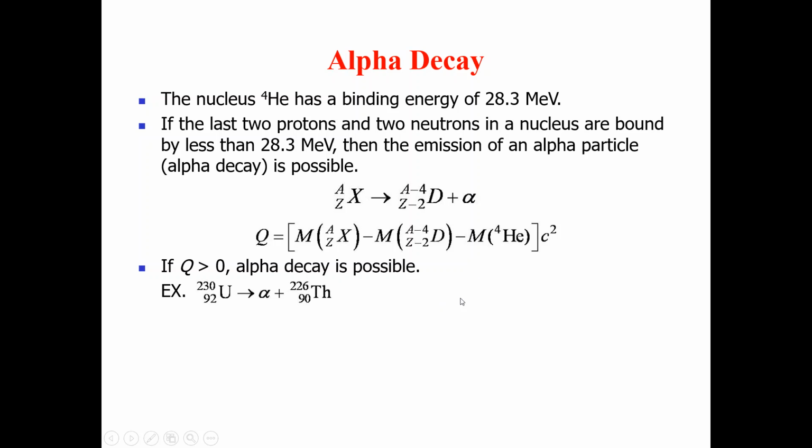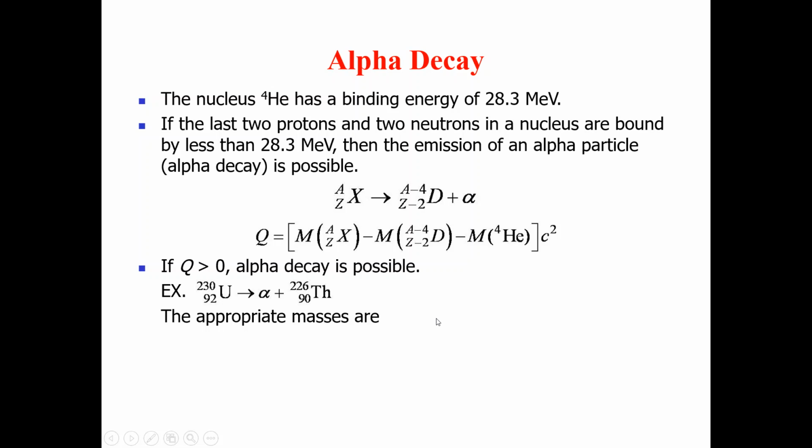As an example, we consider uranium 230 with alpha decay. When alpha decay occurs from uranium 230, it converts into thorium with mass number 226 and atomic number 90.